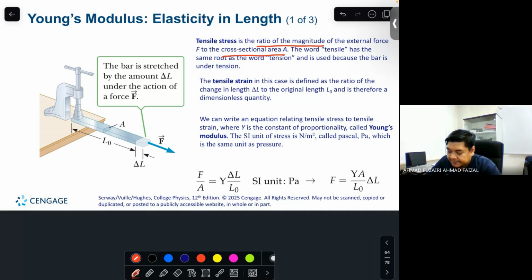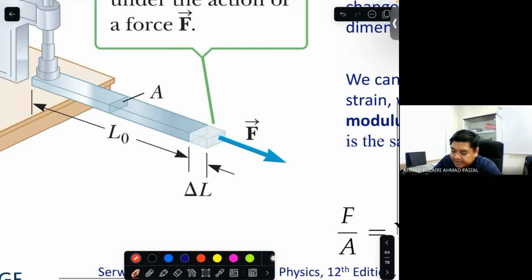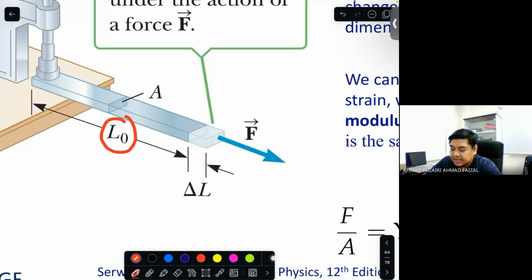If you look carefully at this part, this is the original length, L naught. Then when you apply some force to this cross-sectional area of the material, it causes some delta L. That means we can see the solid has deformed, with an addition of delta L. Is it influenced by anything else? No, only by the force.